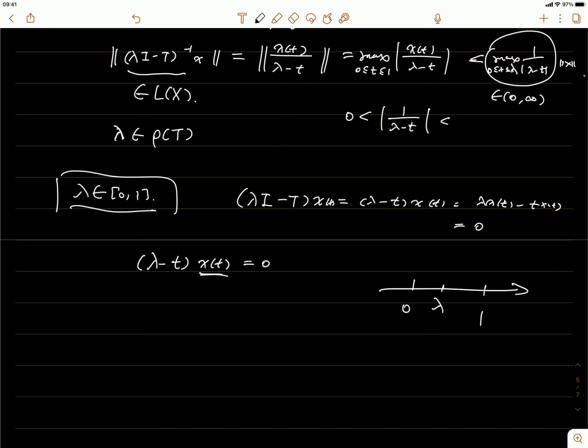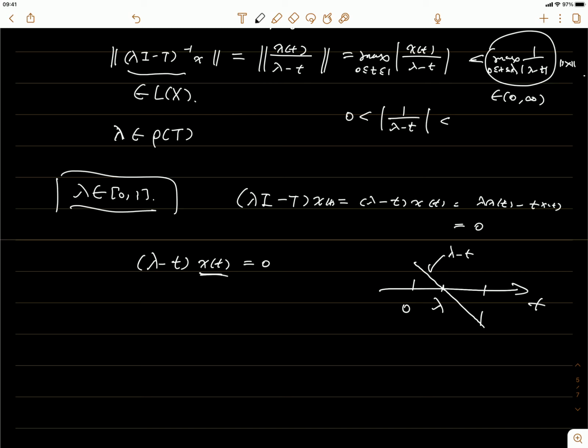So we know that λ minus t, this is the t direction, is something like this, right? So this is what λ minus t is. Look at the function value.